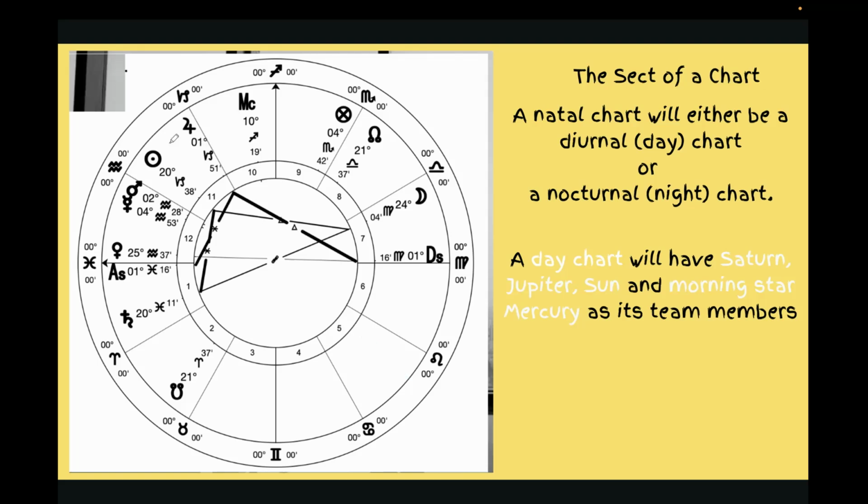If the planet Mercury is on this side of that line, it's going to be a morning star. If Mercury is on this side of the sun's imaginary line that we drew, it's going to be an evening star Mercury. When I say morning star Mercury, star is another word for planet. Morning planet Mercury or evening planet Mercury.